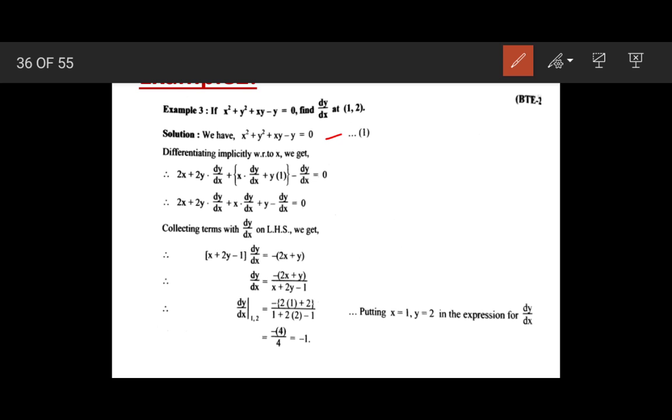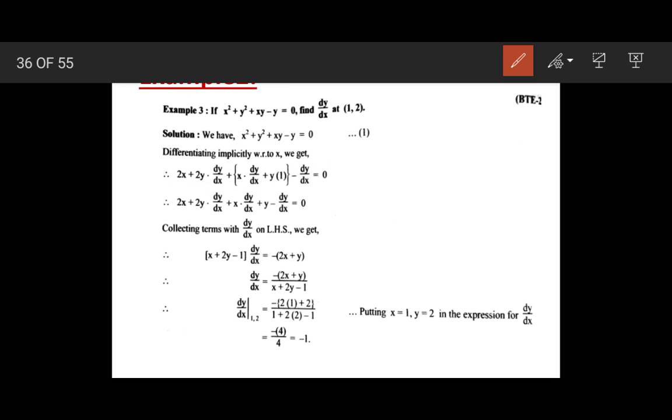So let's start with the derivative. Derivative of x square is 2x. Derivative of y square is 2y dy by dx, plus derivative of xy means u into v rule. So x into dy upon dx plus y into 1, minus derivative of y which is dy upon dx, and derivative of 0 will be 0.